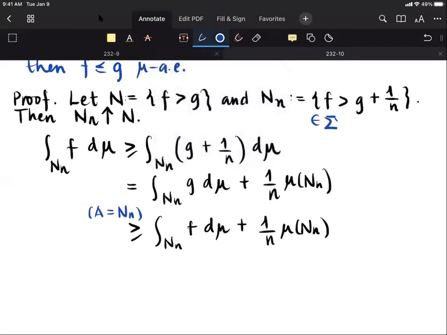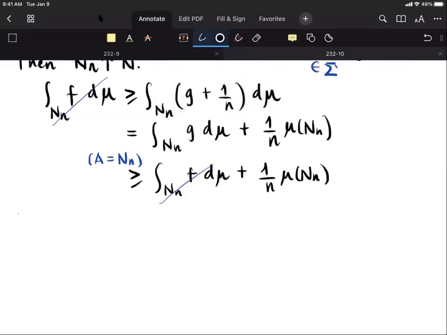Okay, so this term will cancel. So the measure of N sub n must be 0, since the measure is always non-negative.